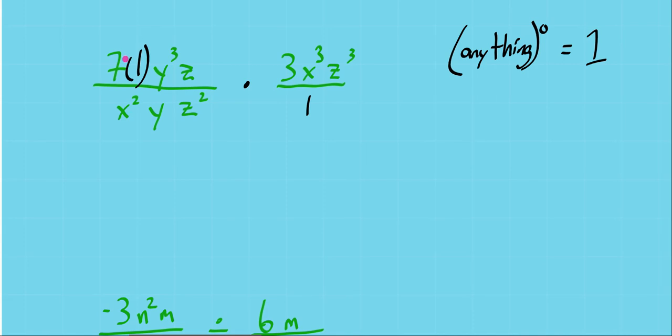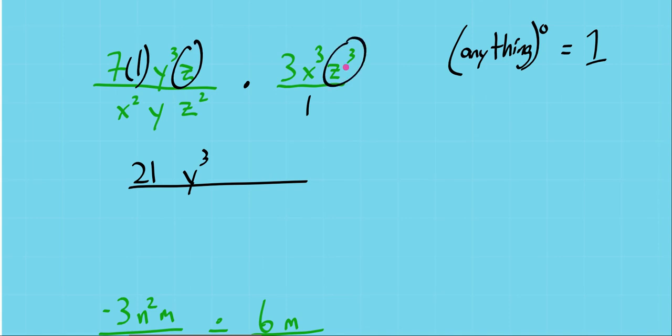So 7 times 1 times 3 on the top. 7 times 1 is 7, times 3 is 21. I'm gonna work through this one, do the tops, and then do the bottom. Y cubed, and there's no other y's, so there's a y cubed in there. There's 1z and 3 more, so that's 4 z's.